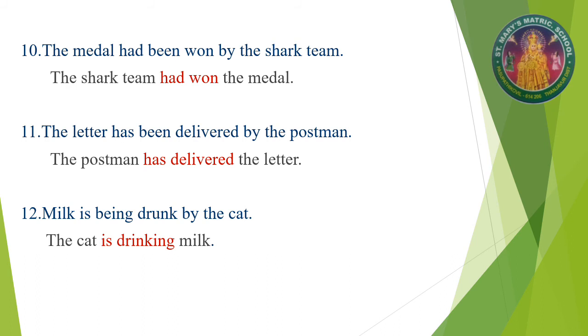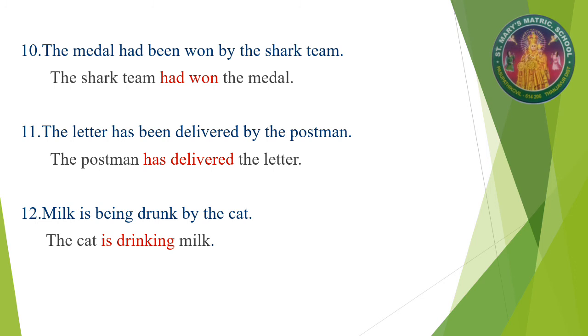Now see the 11th sentence. The letter has been delivered by the postman. Okay, split the sentence. The letter is a subject, has been delivered is a tense form, remove the by, and the postman is an object. Now bring down the object as a subject, the postman, and write the tense that is given, has.